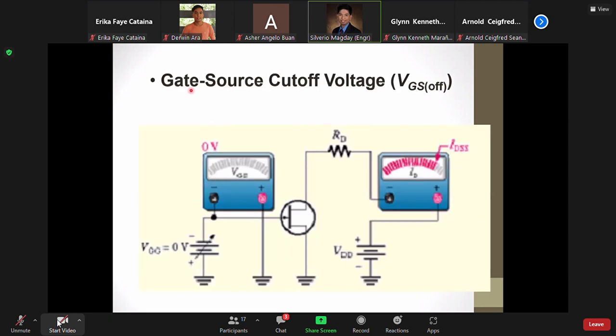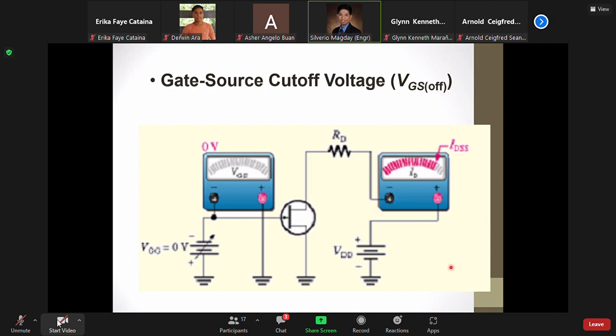While your gate-to-source cut-off voltage, or your VGS off, is the value of your VGS that reduces your drain current, or your ID, to approximately 0 ampere. That is called the VGS at 0, or the off value, VGS off value.